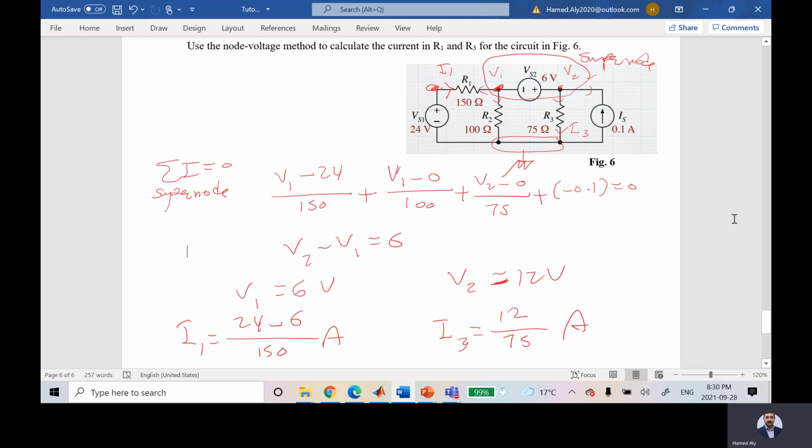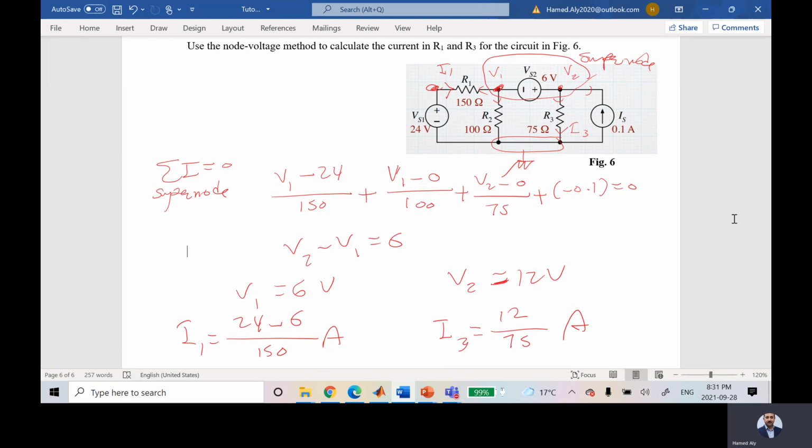What I would like you to keep in your mind is that the node voltage method is one of the best methods that you can use for solving any problem. So if you got lost and I didn't ask you which method to use, I think the node voltage method is the easiest one.